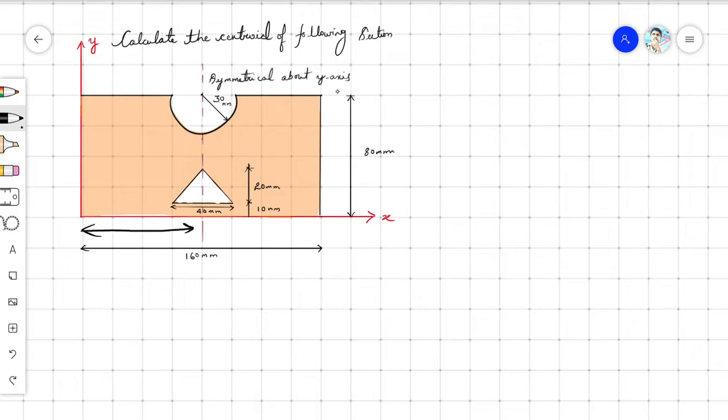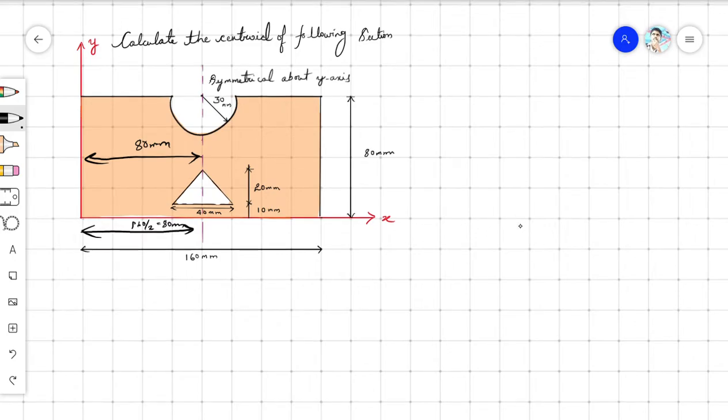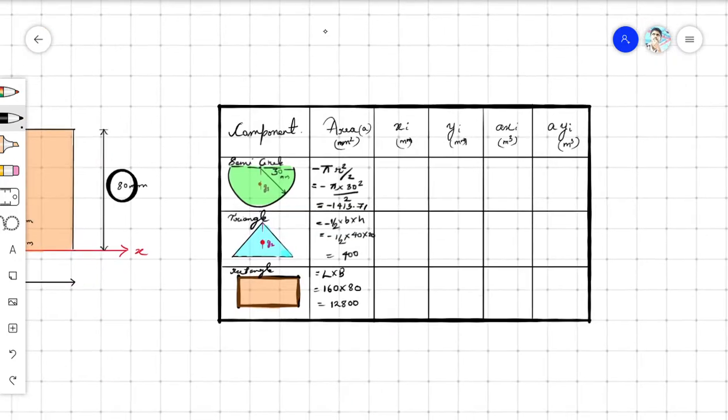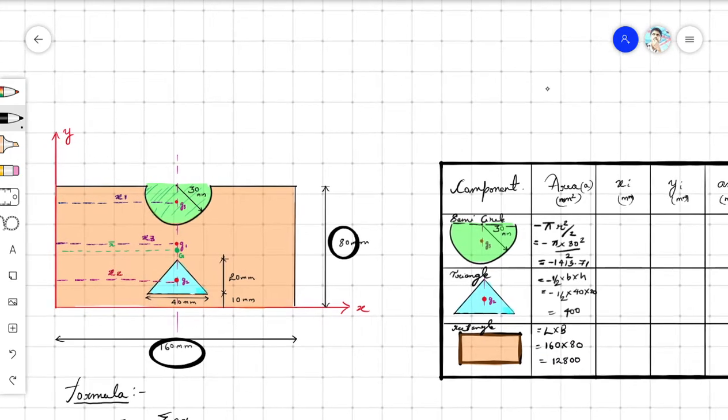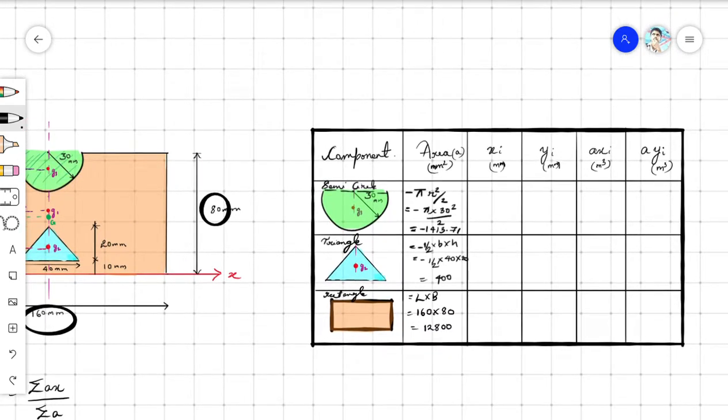That is directly 160 by 2, that is 80 mm. You don't need to calculate this centroidal point itself. Directly you can write 80 mm, due to the axis of symmetry. Due to the axis of symmetry, that value is 80 mm. Otherwise, you can calculate with the help of the other formula. This I'll leave you to calculate.